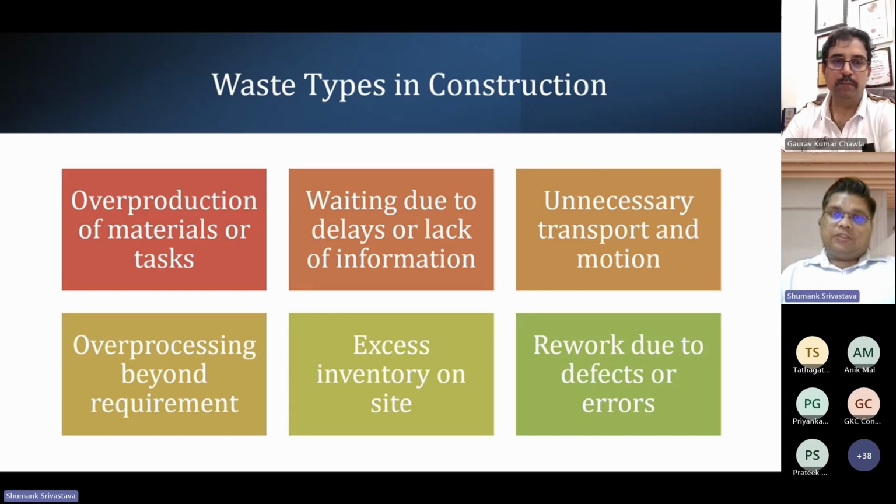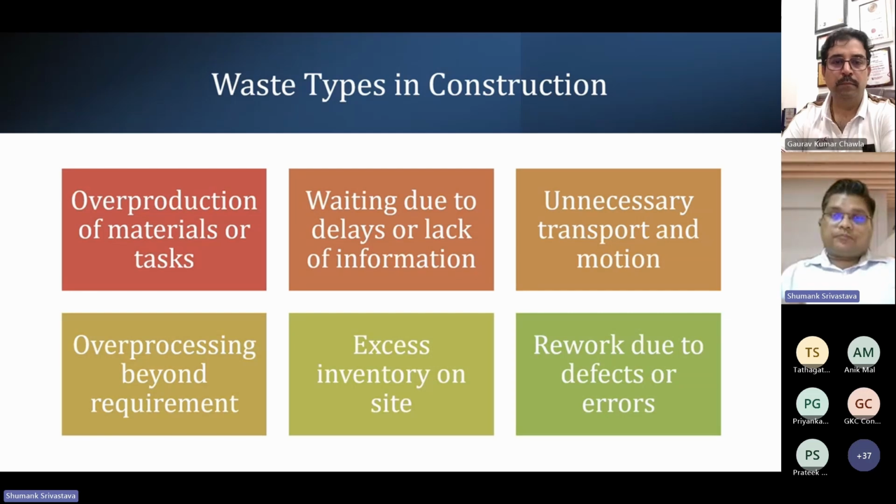Furthermore, this leads to unnecessary transportation motion. This is another kind of waste that occurs in construction activity as part of lean. And then finally, there is over-processing beyond the requirement, which creates movement problems on the sites. And then there is excess inventory on site. If we have excessive inventory on site, then logistical movement again is a problem.